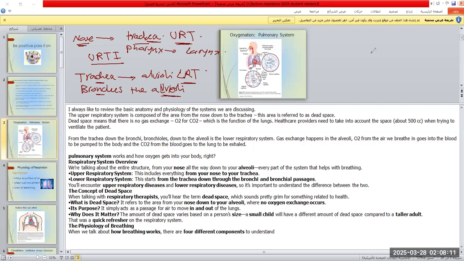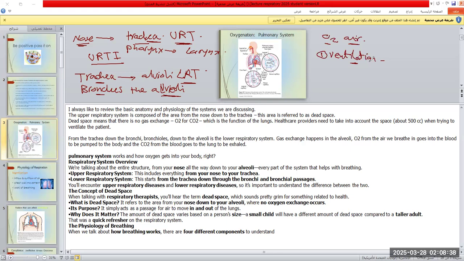Okay, so in order to get our oxygen from air, our respiration will pass through four things. The first thing is ventilation. What does ventilation mean? It means the air will go in and go out, flow in and flow out.